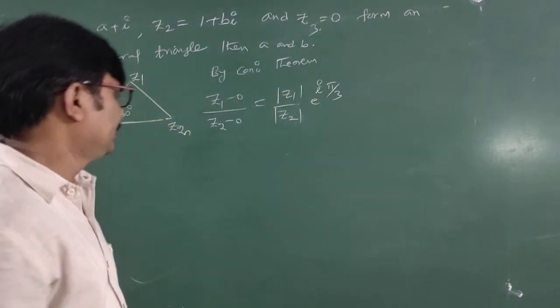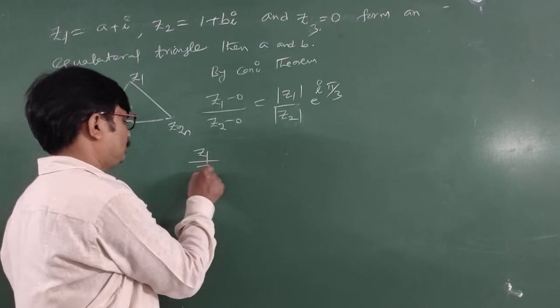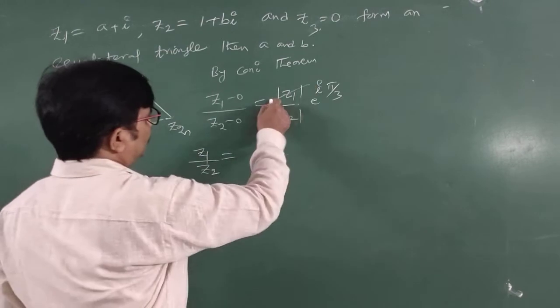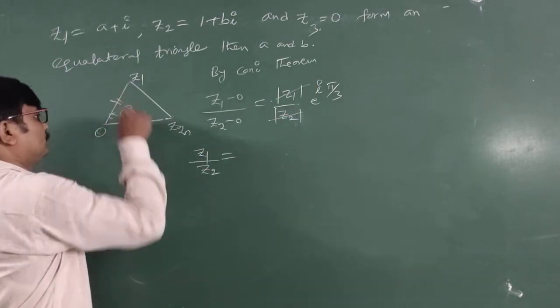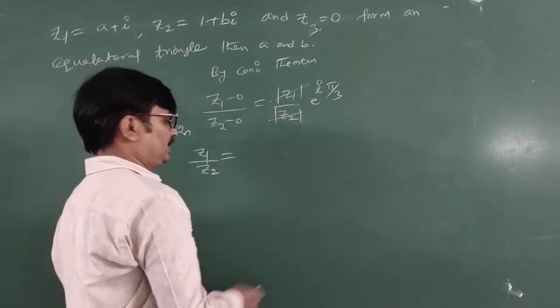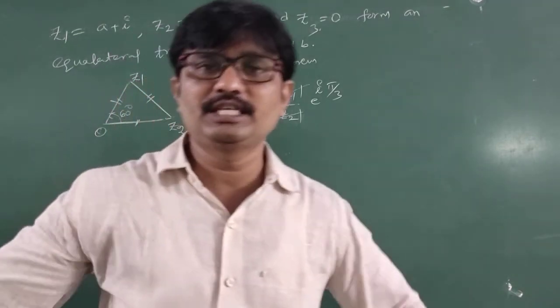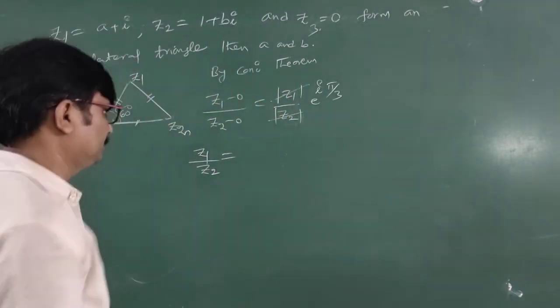Okay. Now students, Z1 by Z2 equals, for the equilateral triangle, mod Z1 and mod Z2 are undoubtedly equal, as all sides are equal. So e power i pi by 3, that is cis pi by 3, means cos pi by 3 plus i sin pi by 3.